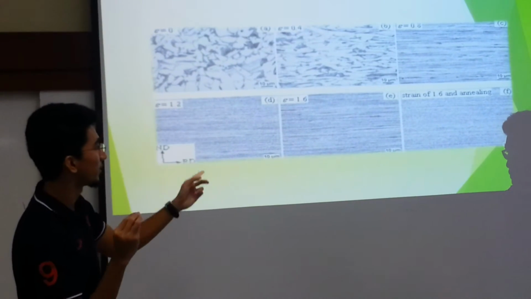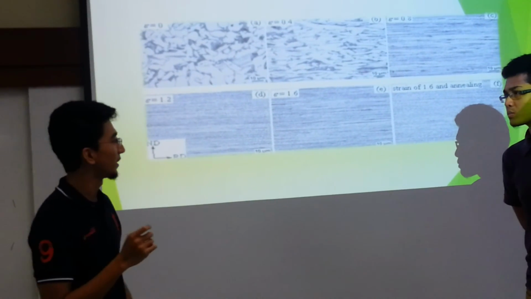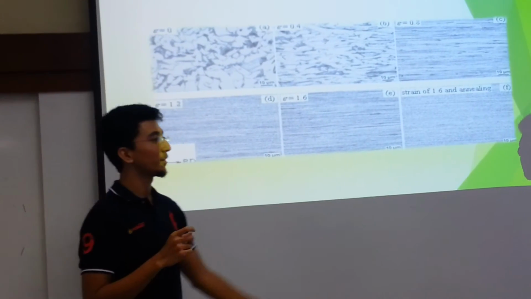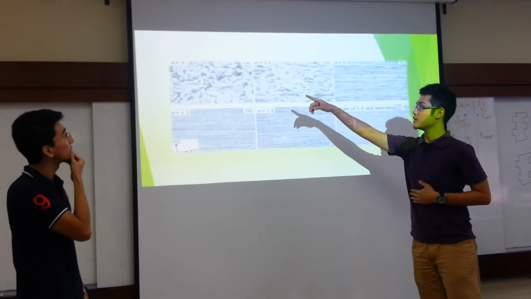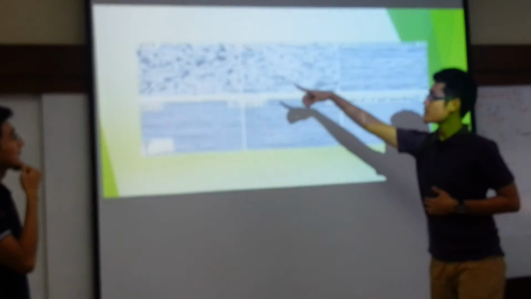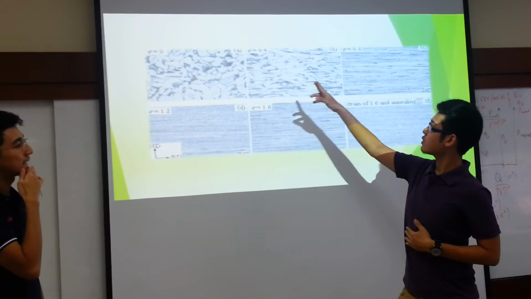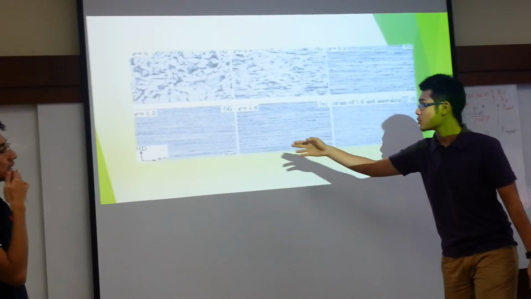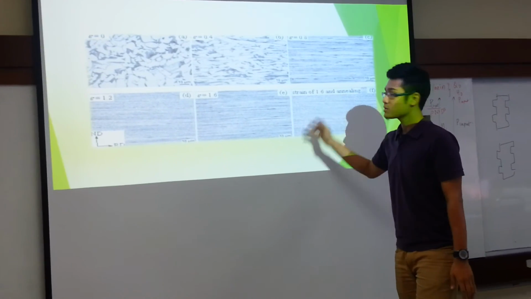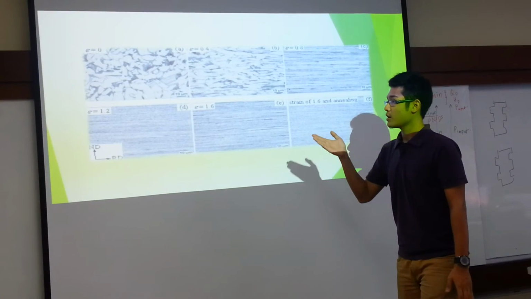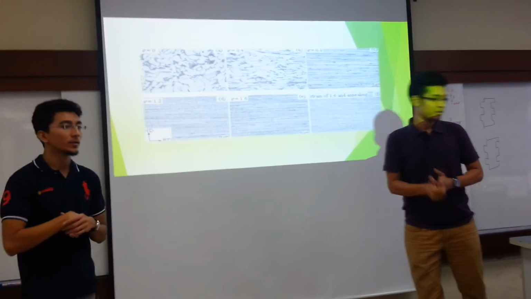The structure becomes smaller and smaller until like this one. Next. One more thing, if you can see, there is a strain state at the top of the figure, which is equal to 0, 0.4, 0.8, 1.2, and so on. So the more the strain increases, the tougher and stronger it becomes.